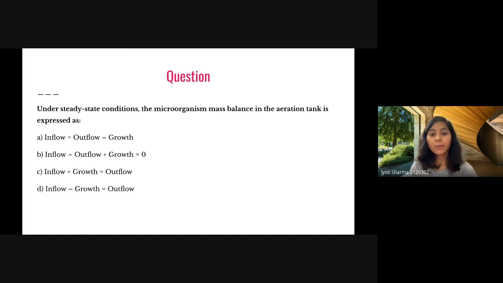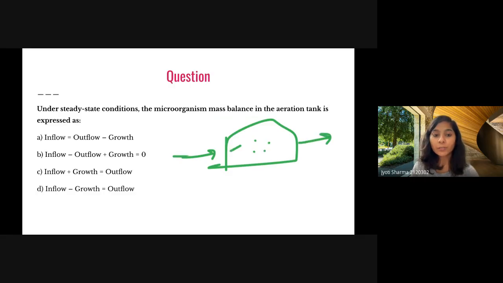Okay. Because I told you we have a steady state condition, again I'm drawing the same thing. We have a reaction tank that has microorganism and liquid, and we have the wastewater. That wastewater has the BOD.